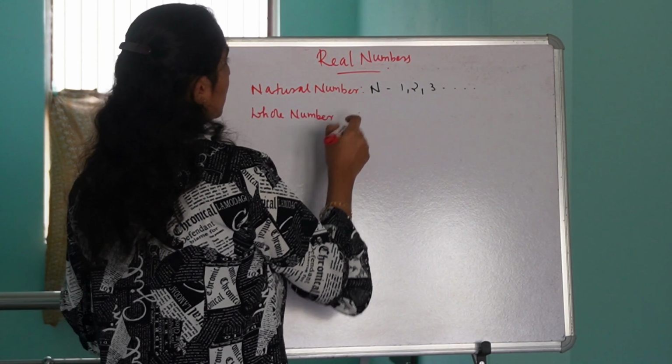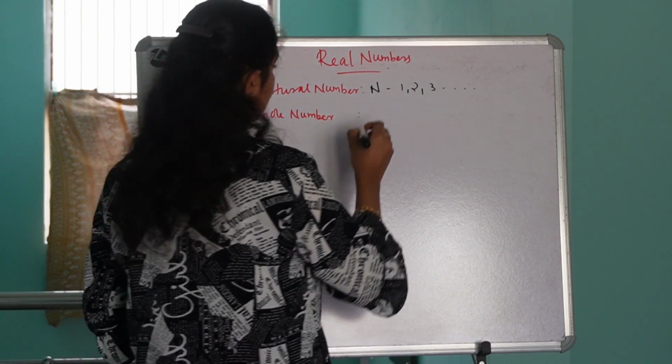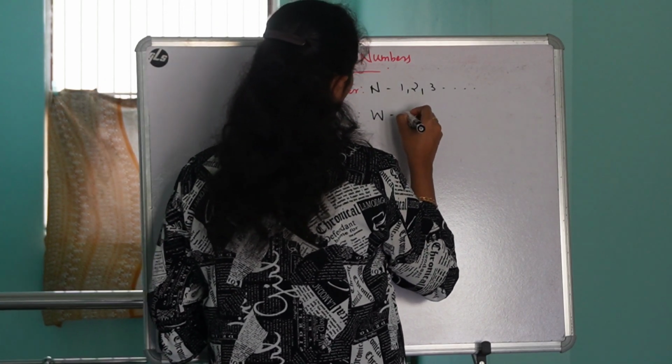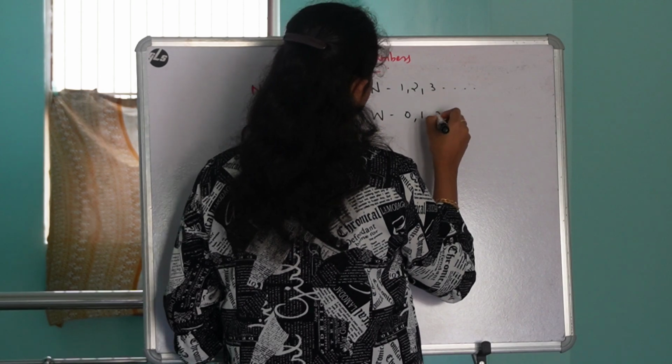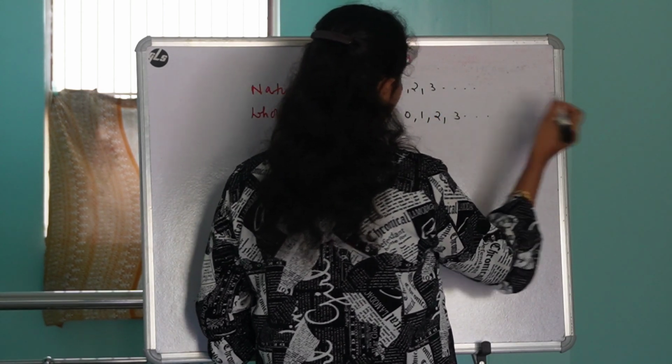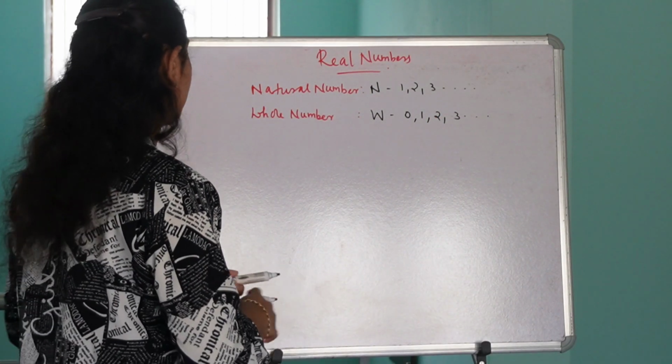Okay, so the next set is the set of whole numbers, represented by the letter capital W. The set of whole numbers is a collection of numbers starting from 0, 1, 2, 3, 4, and it goes on forever. Is it clear, guys?